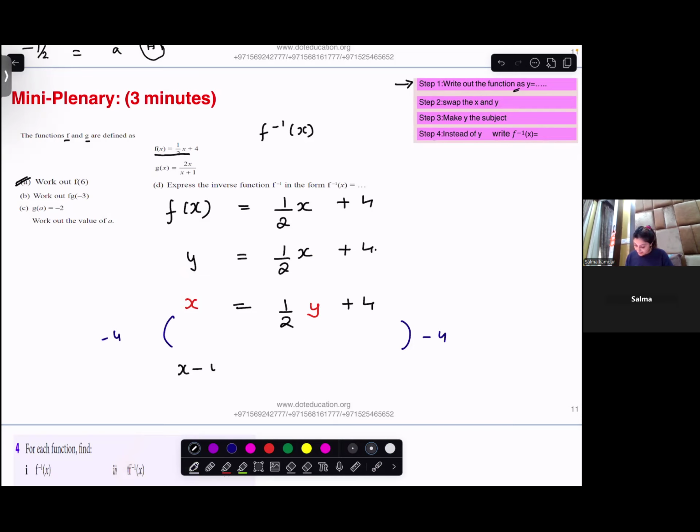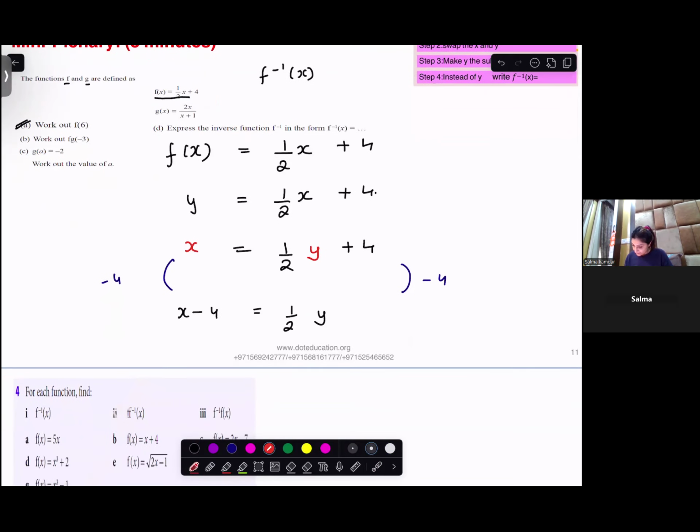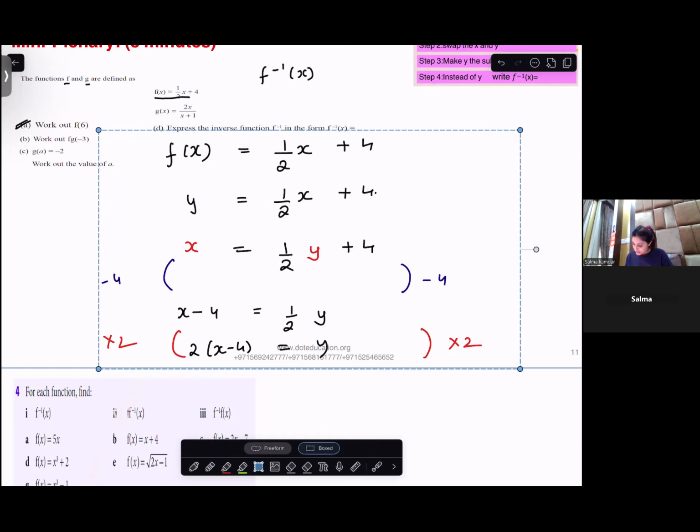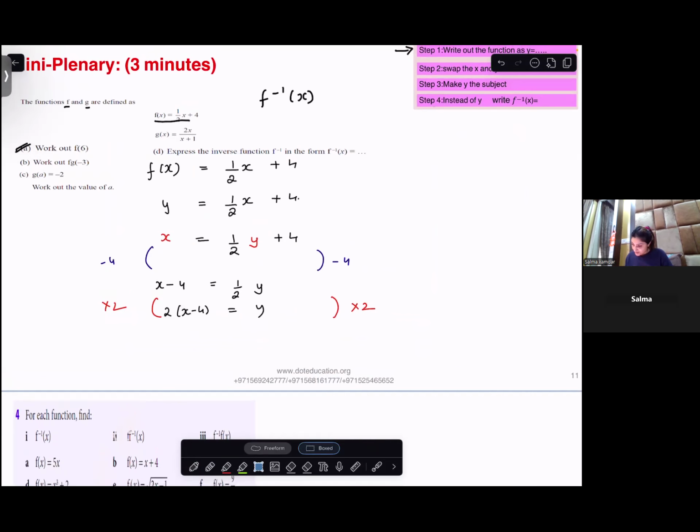So this is going to become x minus 4 is equal to half y. Now what I'm going to do? I'm going to multiply both the sides by 2 because I have to make y the subject. So this is going to be 2 times x minus 4 is equal to y.